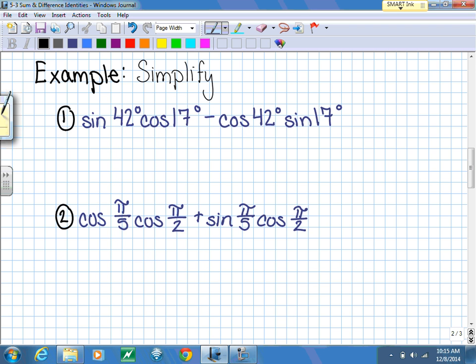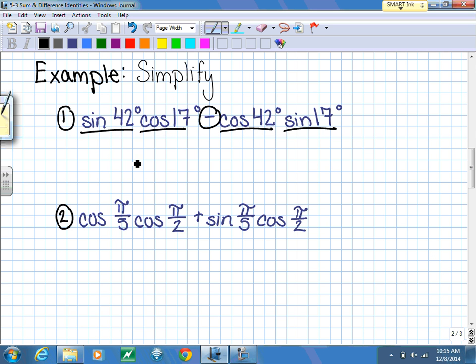If you were given a problem like this, we could simplify this down to one value of sine or cosine. I've got the sine of 42 degrees times the cosine of 17, minus the cosine of 42 times the sine of 17. Based off of the minus sign, this is the sine of the difference of two angle measures.